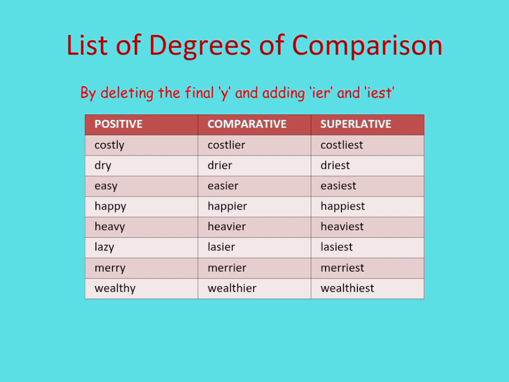Next, dry, drier, driest. Easy, easier, easiest. Happy, happier, happiest. Heavy, heavier, heaviest. Lazy, lazier, laziest. Merry, merrier, merriest. Wealthy, wealthier, wealthiest.